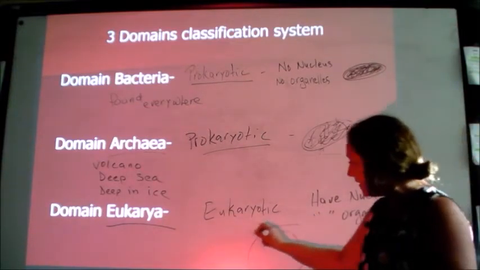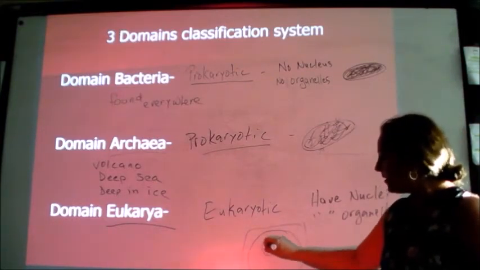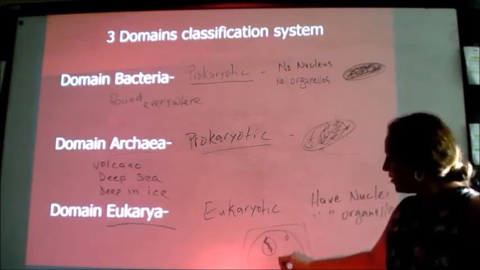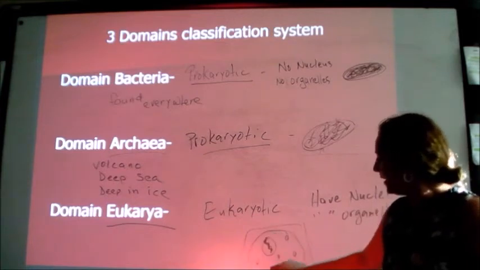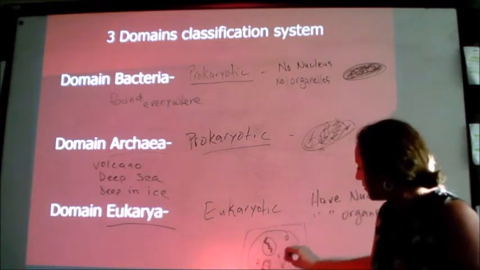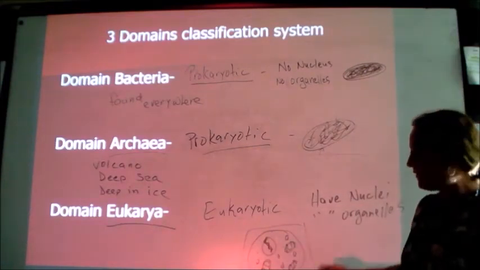If it's a plant, it's going to have a cell wall also. It's got the nucleus with the genetic material in there. You've got lysosomes to digest stuff, ribosomes to read the genetic message and make proteins. There's mitochondria for energy.